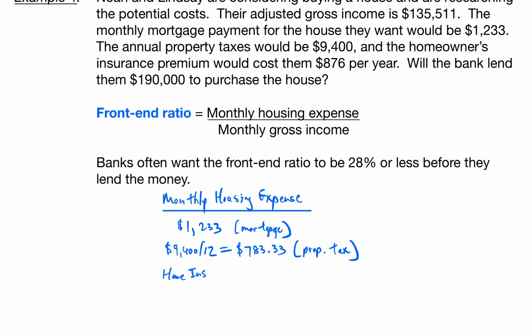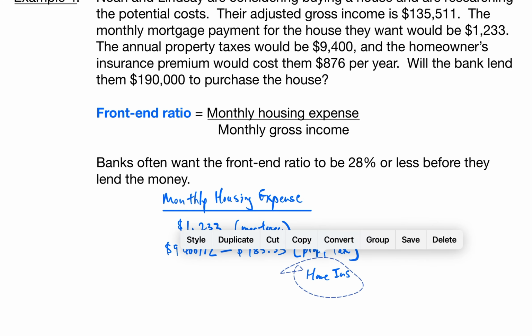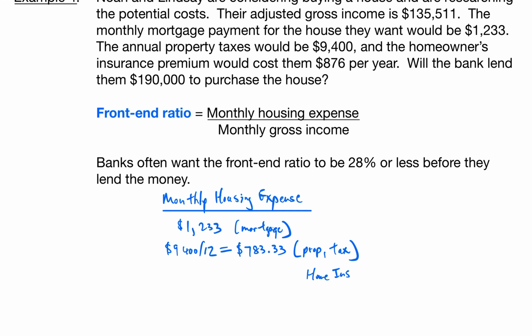Is going to be, let me go ahead and put it on this side here. All right, let's go ahead and fix that. Home insurance, we're told $876 per year. So we need to divide that by 12.